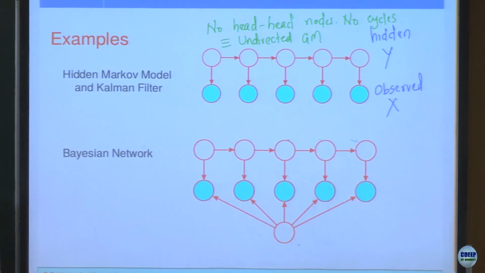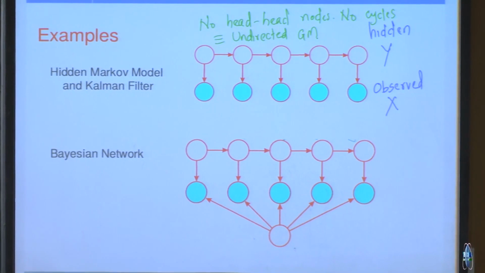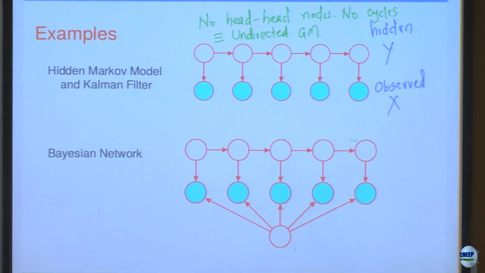Your lab will be based on hidden Markov models. Kalman filters are a kind of hidden Markov model where you have continuous valued random variables. So in the case of hidden Markov model, you have discrete valued variables.